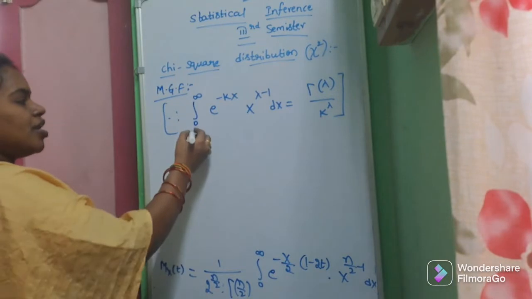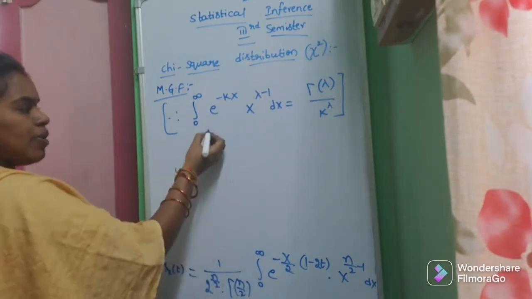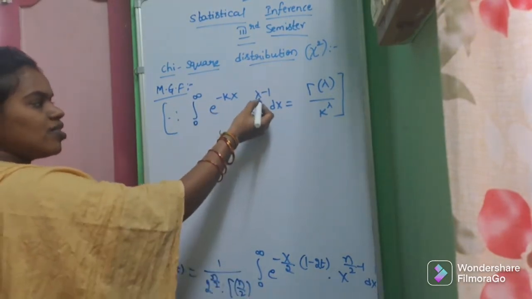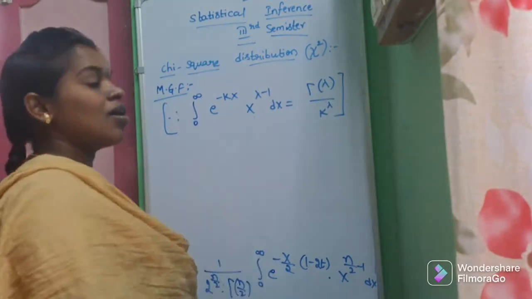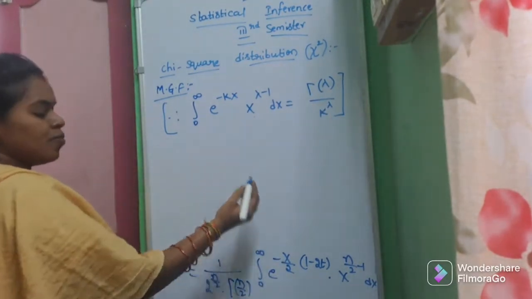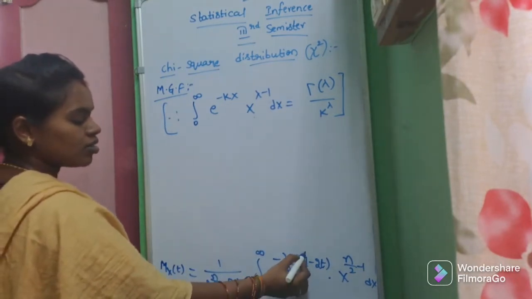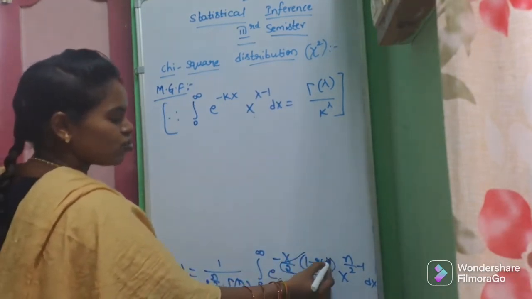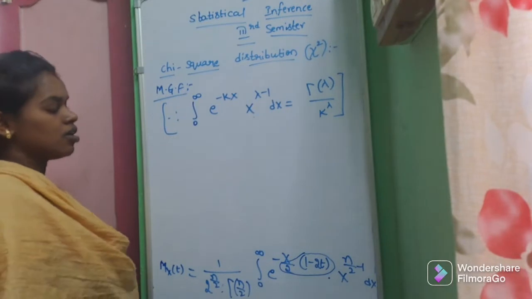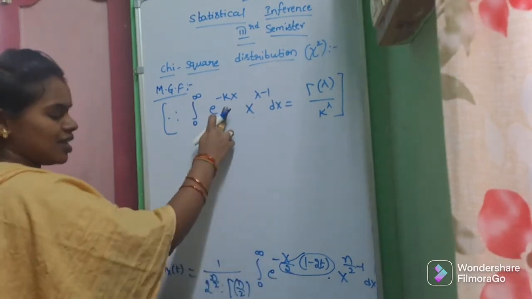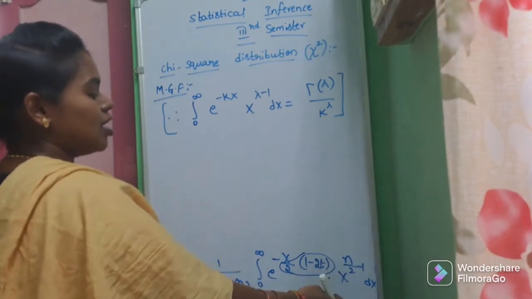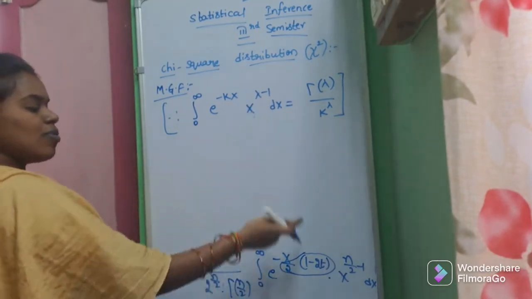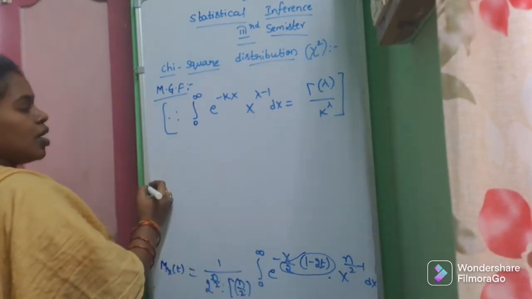So this is our formula: integral from 0 to infinity of e power minus kx into x power lambda minus 1 dx equals gamma of lambda by k power lambda. Here this total value, (1 minus 2t) by 2, is k, into x power n by 2 minus 1. In place of lambda we have n by 2.